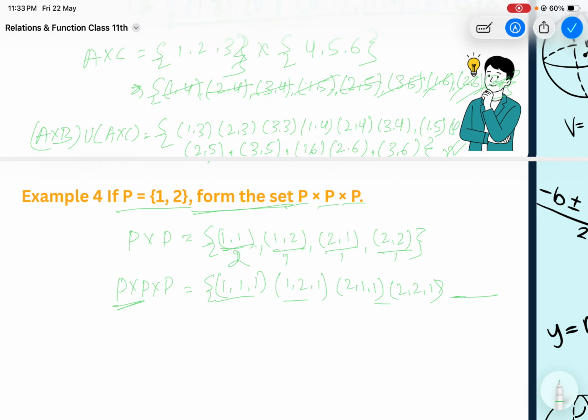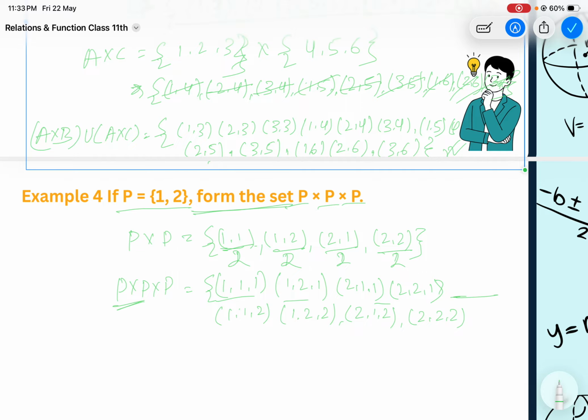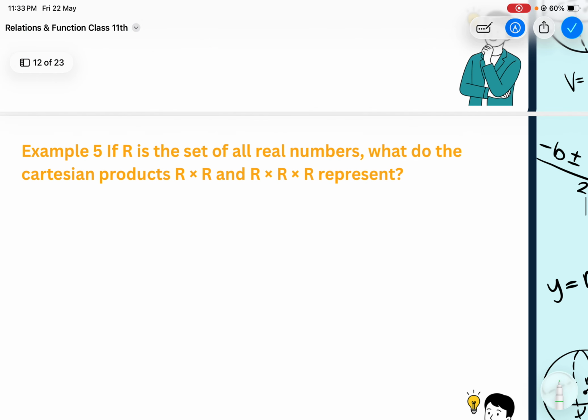Now we have to pair with 2, so it will be 1 comma 1 comma 2, now 1 comma 2 comma 2, now 2 comma 1 comma 2, now 2 comma 2 comma 2, right? So this is the answer. You can try with your own and see whether your answer is matching or not.